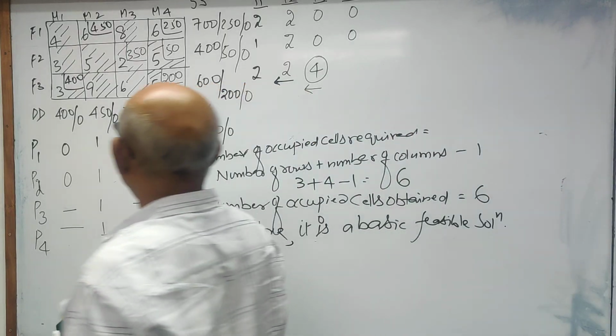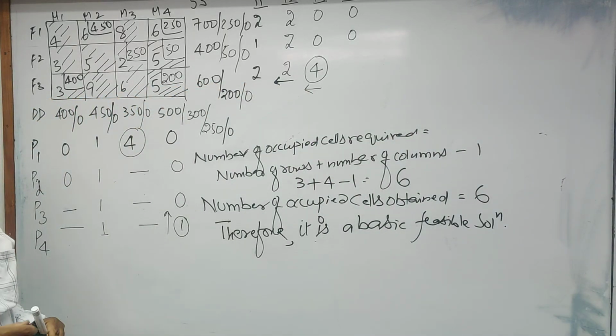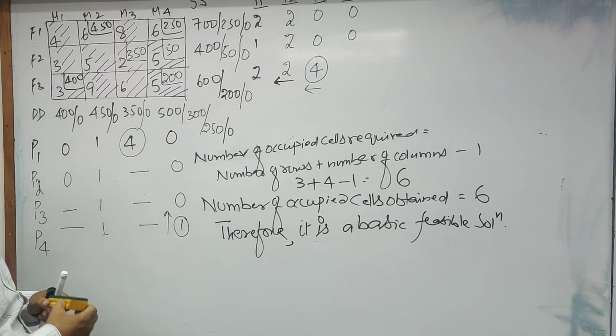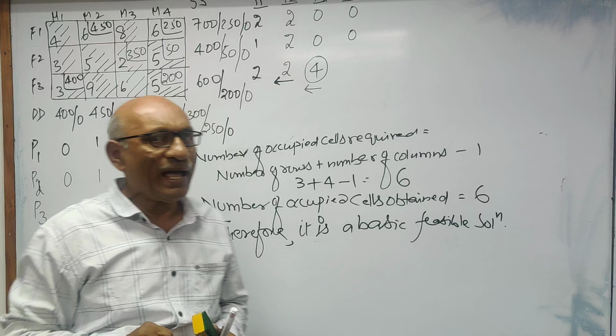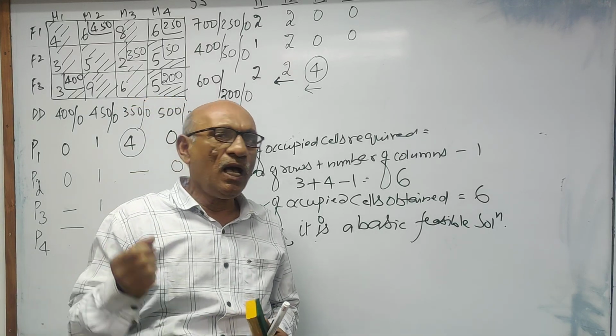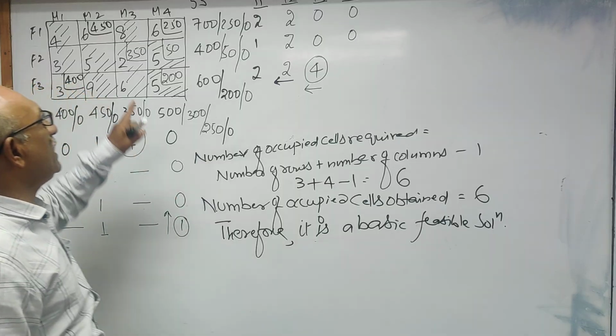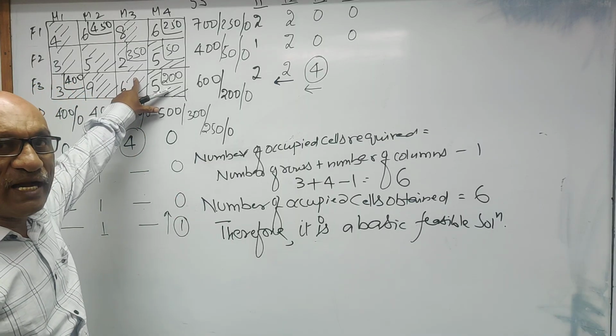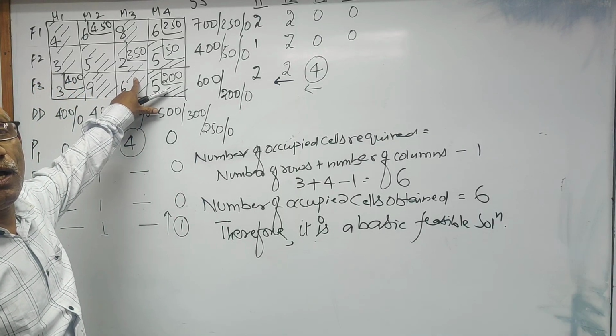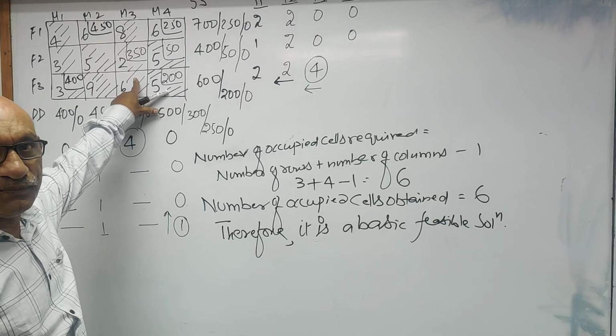Now look at this, sir. For performing optimality, certain calculations are required, and optimality test I am doing only to know whether the solution obtained here is the best solution or not. Okay.